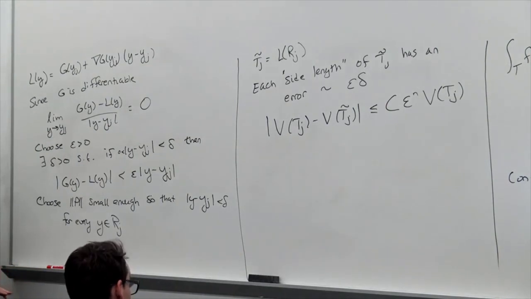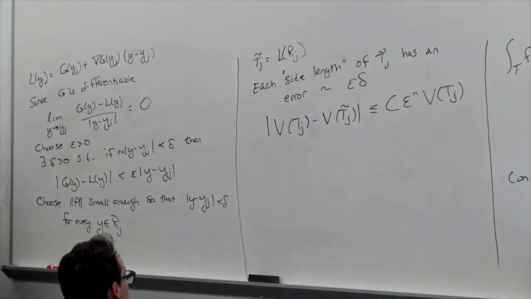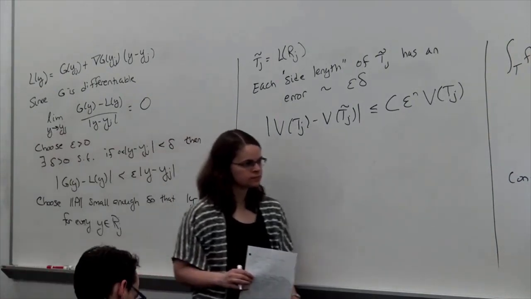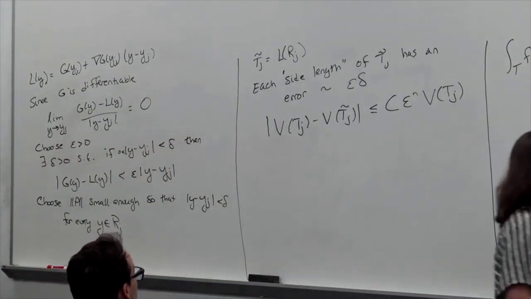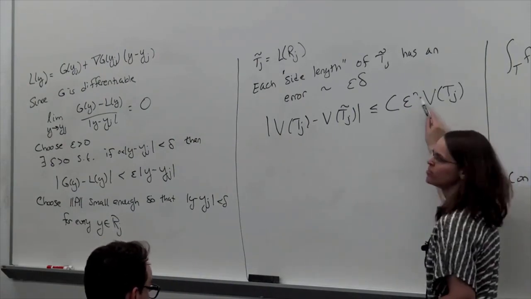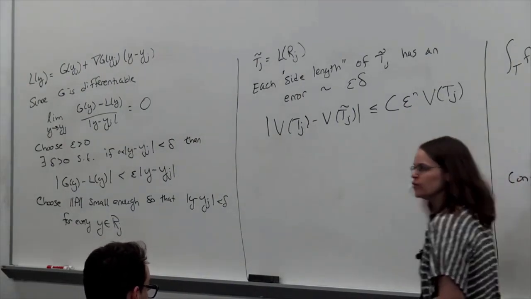Questions? Right, basically the volume of this is side length times side length, and then the volume of this is going to be side length plus order epsilon times side length plus order epsilon. So that's where this epsilon to the n times the overall volume comes in.